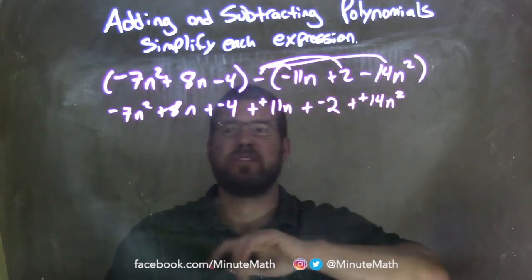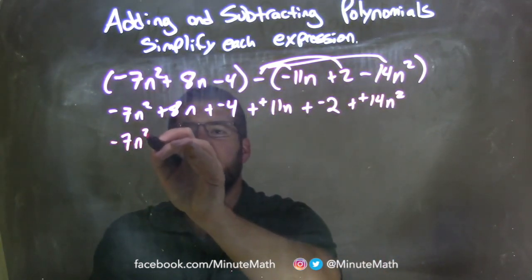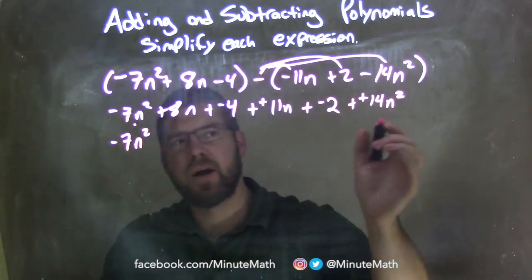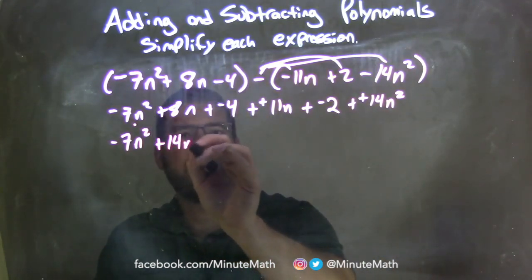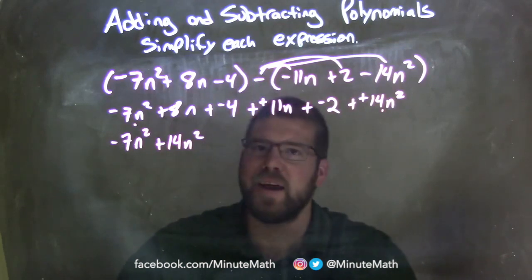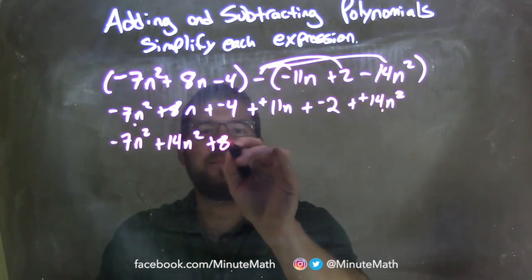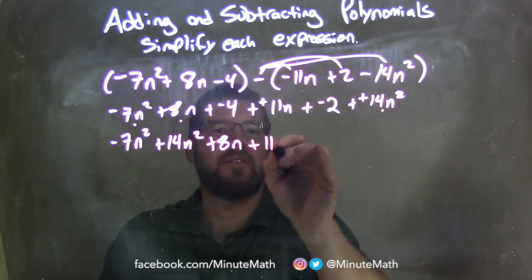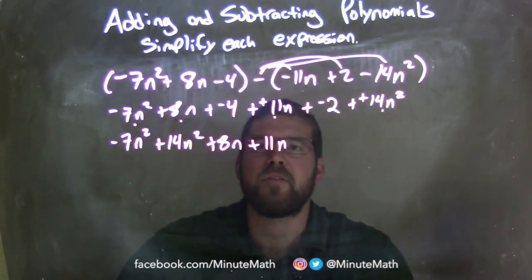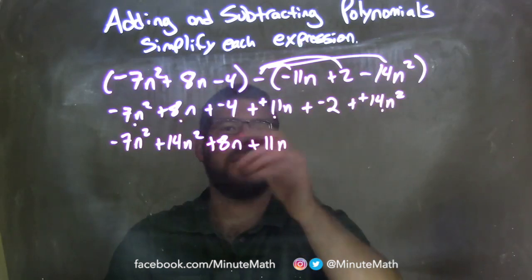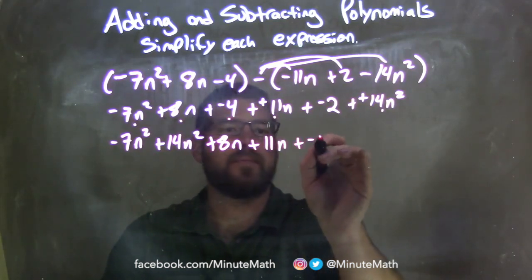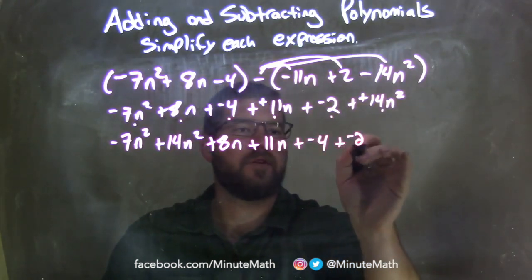The highest degree I see is the second power, so we have negative 7n squared. Brought that down, put my dot to show I brought it down, plus a 14n squared. I don't see anything else to the second power. So now let's go to my regular n's, plus 8n right there, and plus 11n right there. Then we have our constants. I don't see anything else with n, so constants, negative 4 and a negative 2.